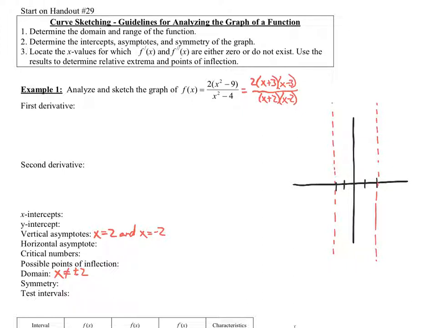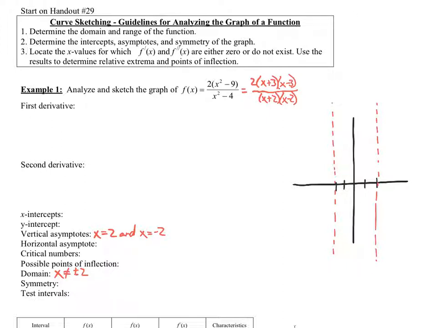The next thing that kind of goes together is the range and our horizontal asymptotes. Okay? When you're thinking range, think, obviously there might be a max point or something like that. We won't know that quite yet, but do we have any horizontal asymptotes here? Yes. Where? Y equals 2.